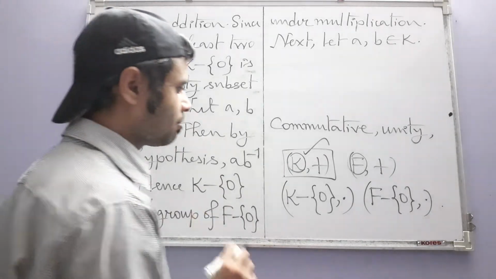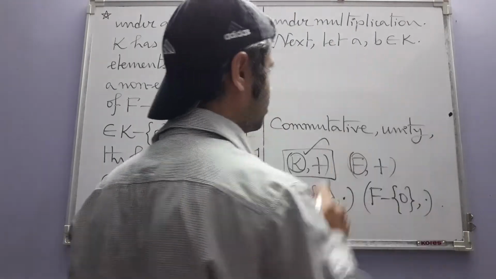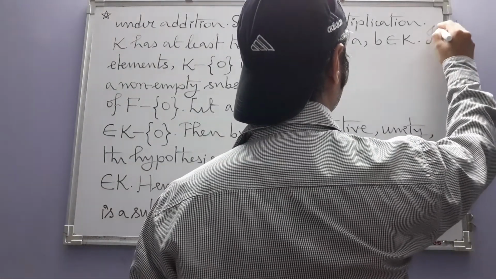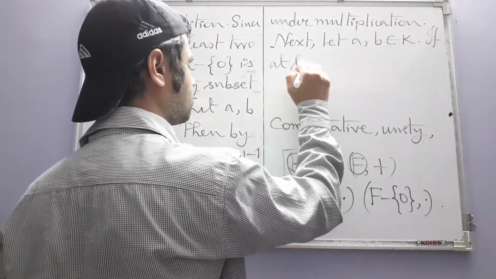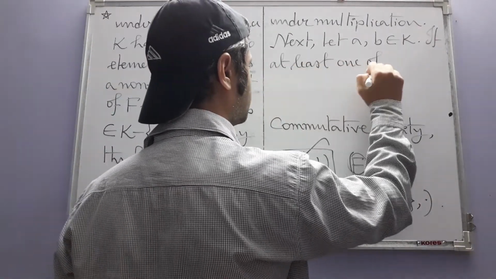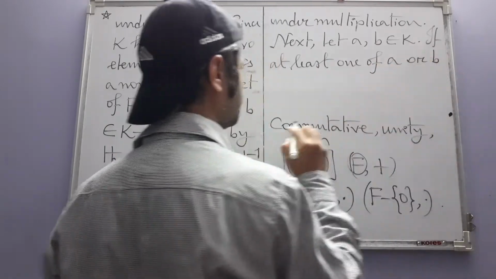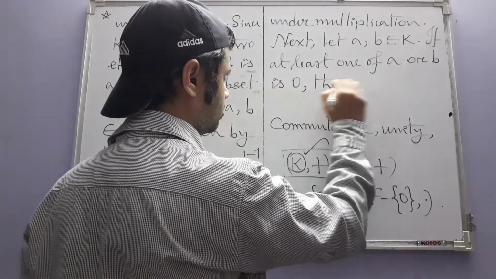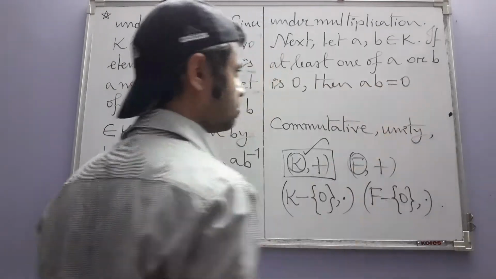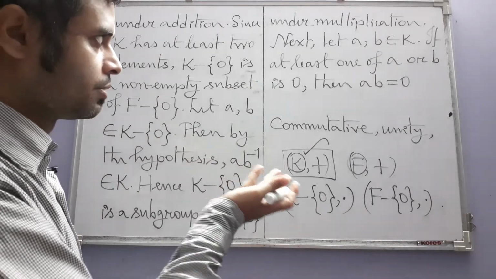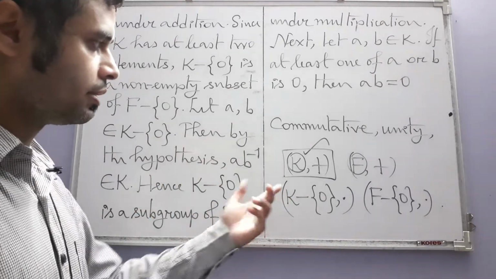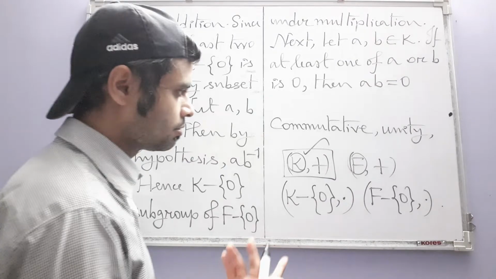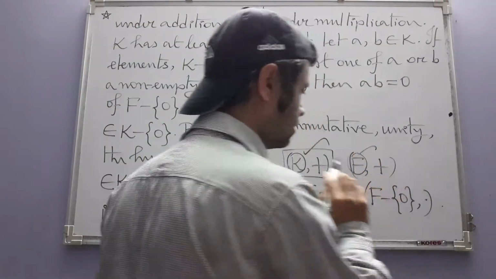Okay. So first of all, what we want to show is that if you take the product of A and B, that is AB, then that belongs to K. If at least one of A or B is 0, then AB is 0, and this is coming from the fact that we are after all in the field F. So AB will clearly be 0, and that itself is coming from the fact that a field itself is a ring.